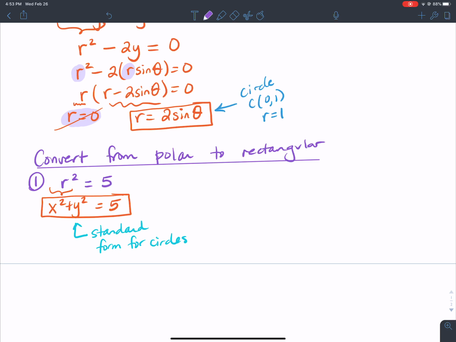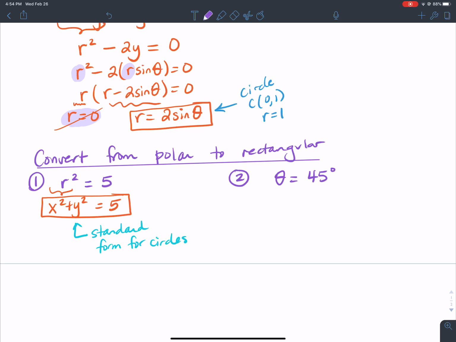Let's look at number 2. Theta equals 45 degrees. Now these are a little bit tricky. For this one, I want you to think about what this would look like on a circle piece of graph paper.